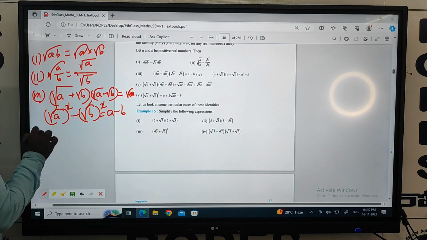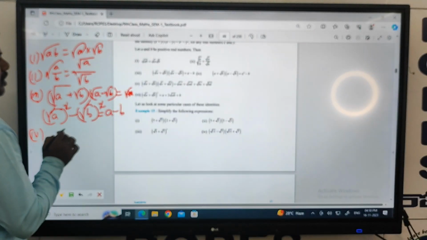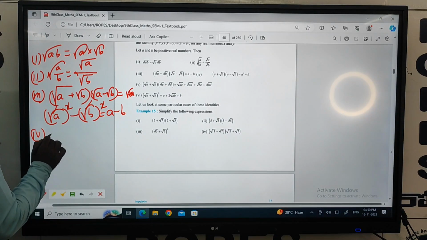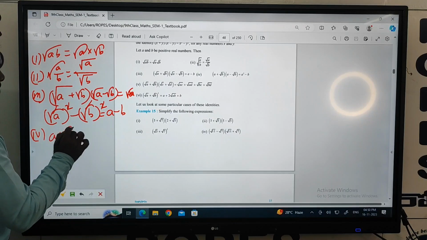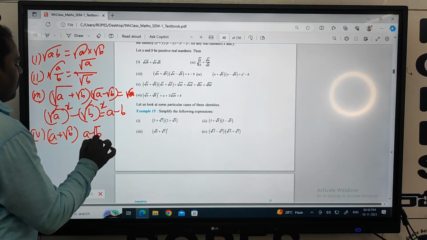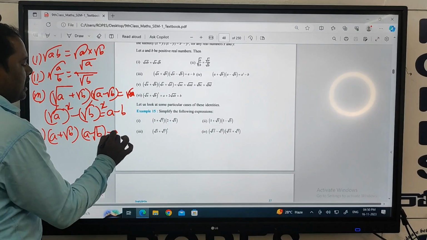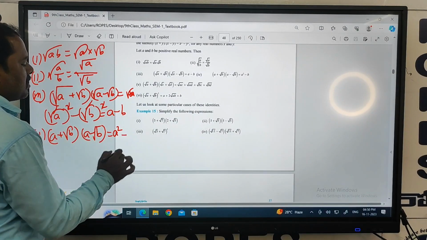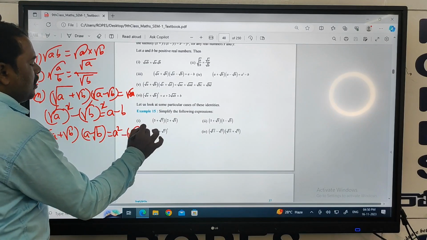Next, the fourth formula: (A plus root B) into (A minus root B) is equal to A square minus root B whole square.